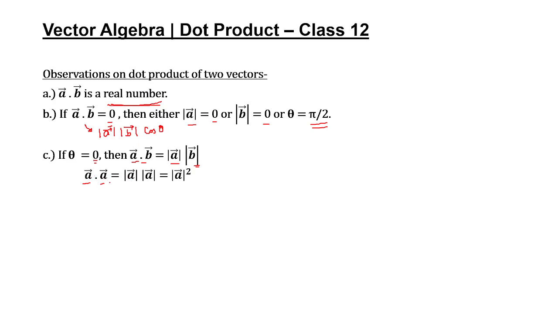So A dot A is equal to modulus of A into modulus of A. That is equal to modulus of A square. So this is a very important concept. Please remember this always.